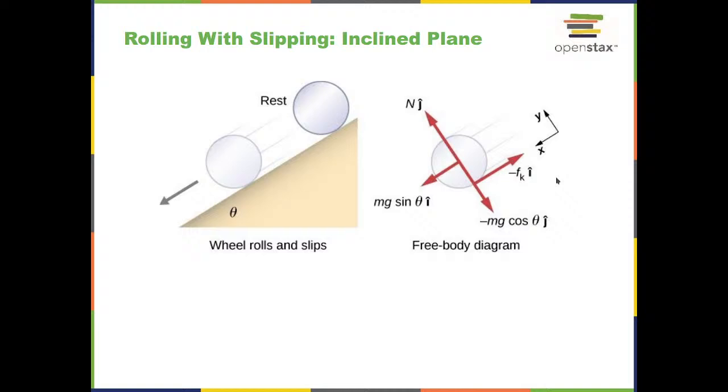If we now go to the situation with slipping, then you see the force that's applying here now is the force of kinetic friction, because now this contact point is not stationary. Now this contact point is sliding on the inclined plane. So now there's kinetic friction playing a role here. Everything else is the same. The normal forces, mg sine theta, mg cosine theta, none of that has changed. The only thing that has changed is the force of friction.